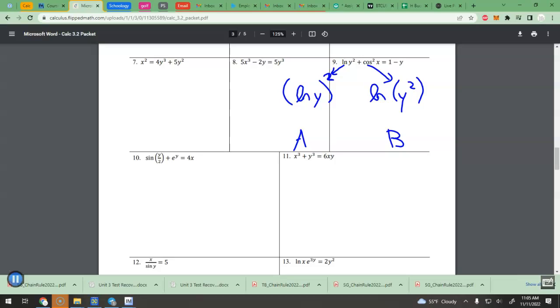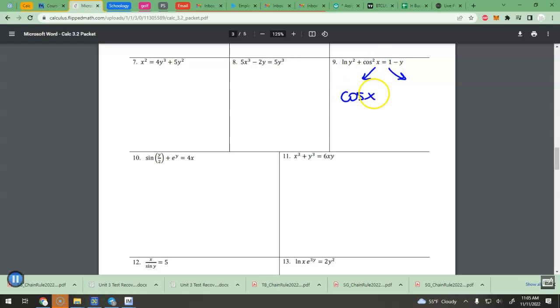So we agree on that? Yes. Okay. What about this one? A or B? B doesn't even make sense really, right? Okay, so let's make sure we're writing it the same. So ln of y squared, I'm going to write it like ln of parentheses y squared. And then cosine of x parentheses squared, because I think that's easier for most people to wrap their heads around.